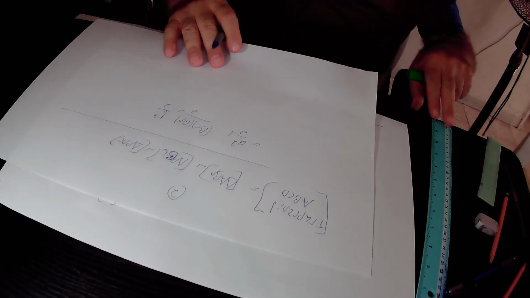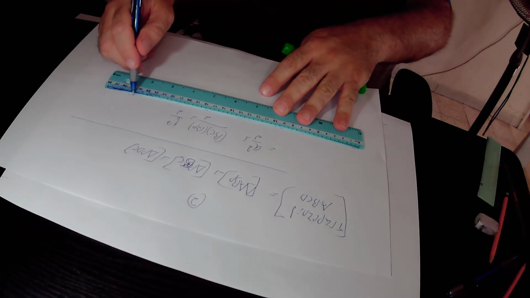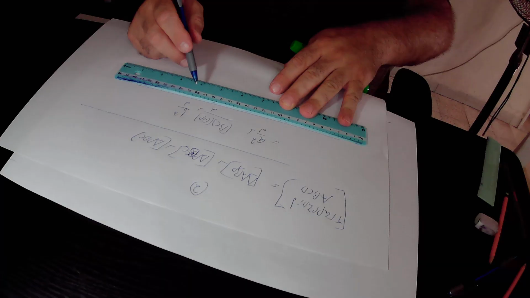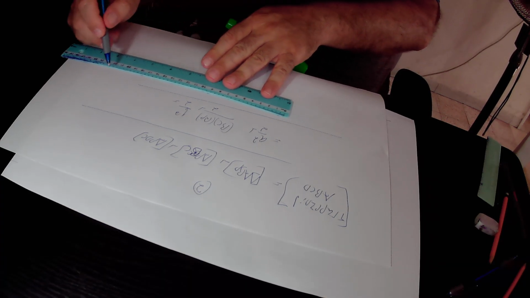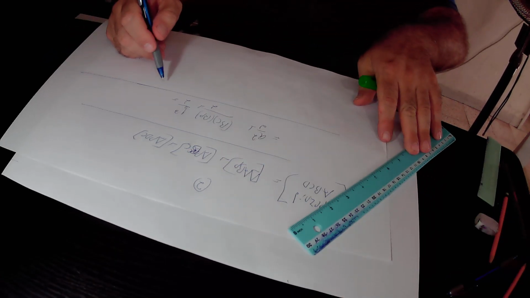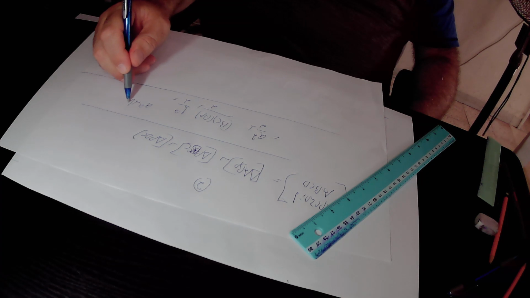So in total, we found out that the area of trapezoid ABCD is equal to A squared over 2 plus BC times QP over 2 plus B squared over 2. A squared over 2 plus B squared over 2 is A squared plus B squared over 2.